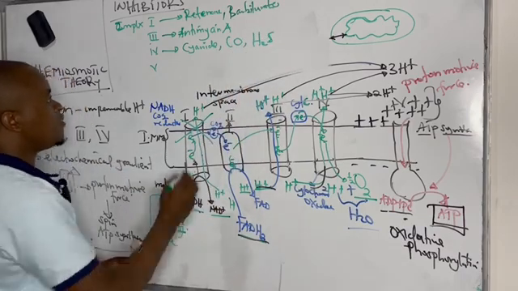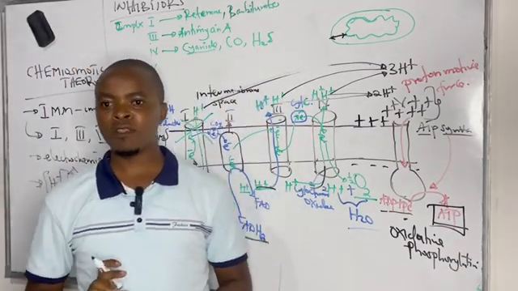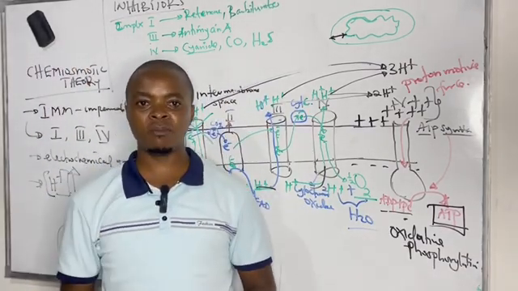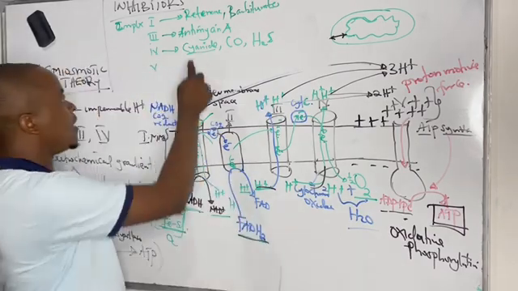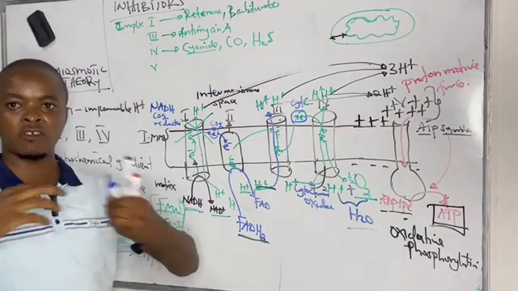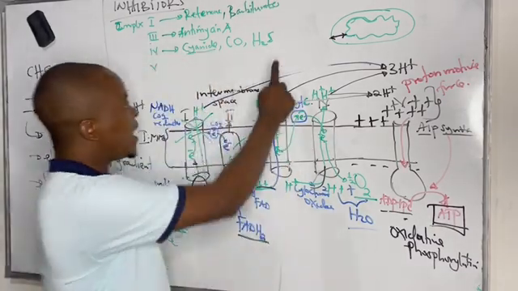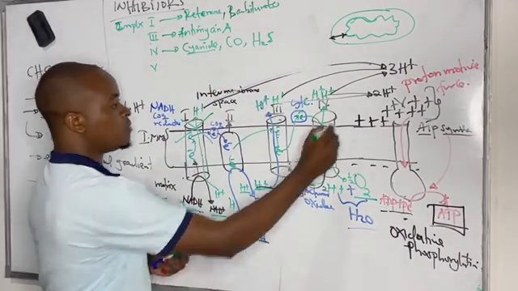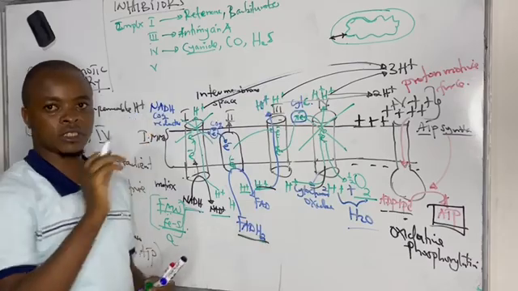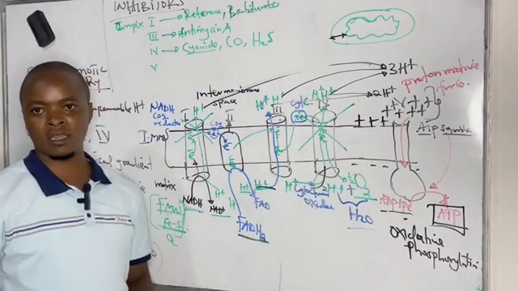And we have seen many people here in Uganda dying of cyanide. For example, a scenario which happened in Mbare, whereby people ate certain cassava which contained cyanide, and all of them, the 7 family members, died on the spot. Because cyanide is a poison for complex 4. It comes and blocks complex 4, which is cytochrome oxidase, and we cannot see oxygen accepting the last electron.